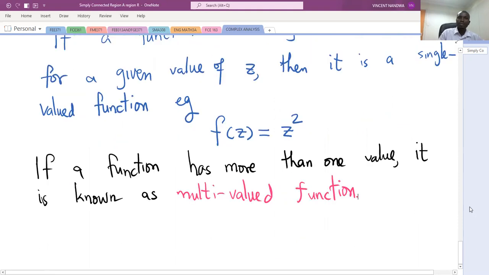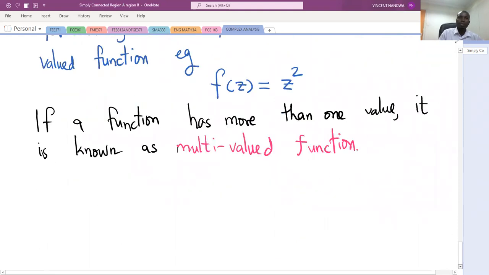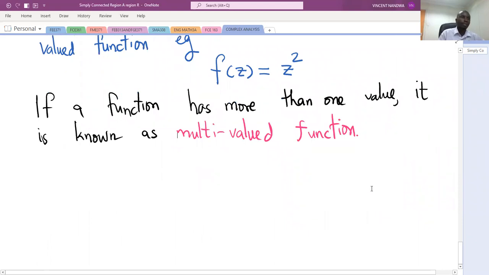So a function that has more than one value is called a multi-valued function. E.g., if you define f of z by z raised to the power half, or simply the square root of z, then we have two values, plus and minus.